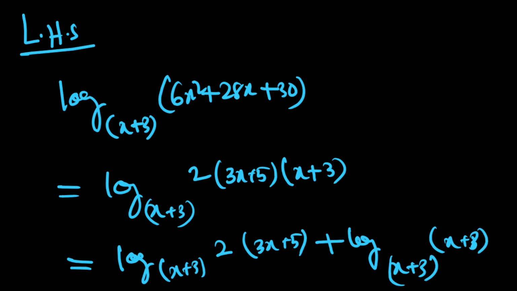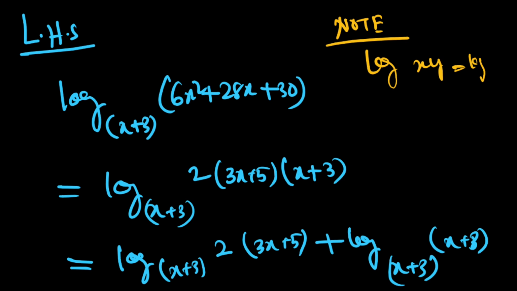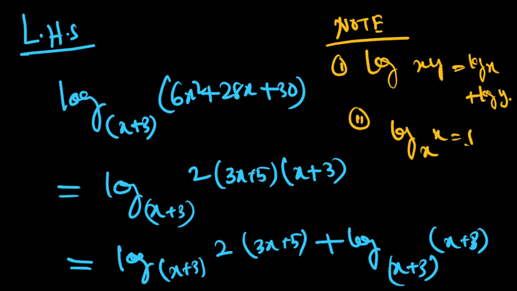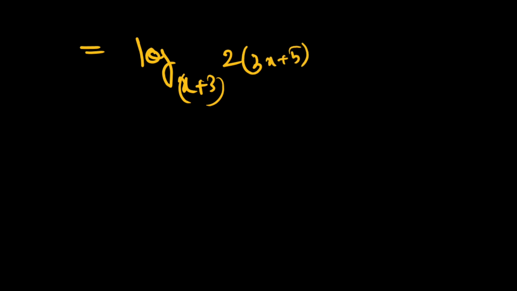Here we use the product formula: log of xy is equal to log x plus log y. The log of the same base and argument, suppose x and x, is 1. So now we simplify it: log base (x + 3) of 2(3x + 5) plus 1. So for the left hand side we got this.